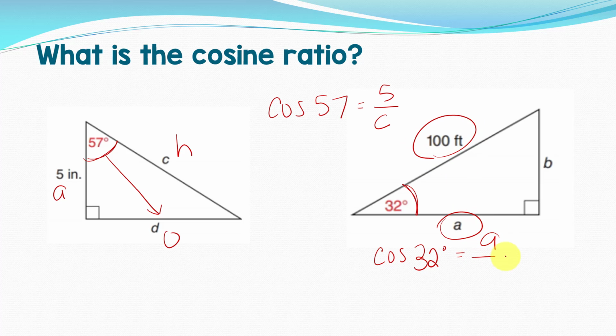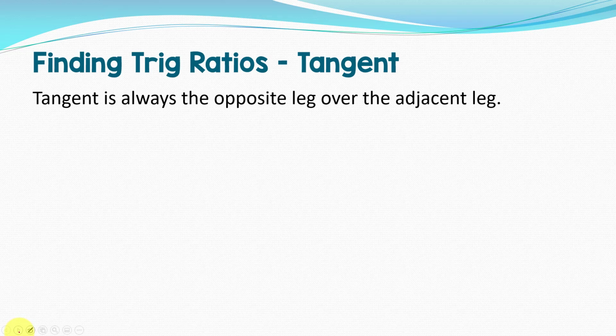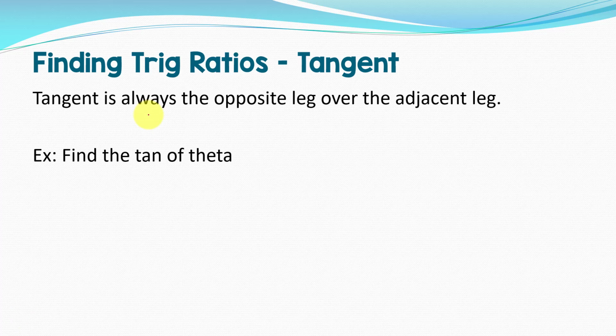All right, now let's set up tangent. Tangent doesn't use the hypotenuse, it's opposite over adjacent. So we're looking at opposite and adjacent.